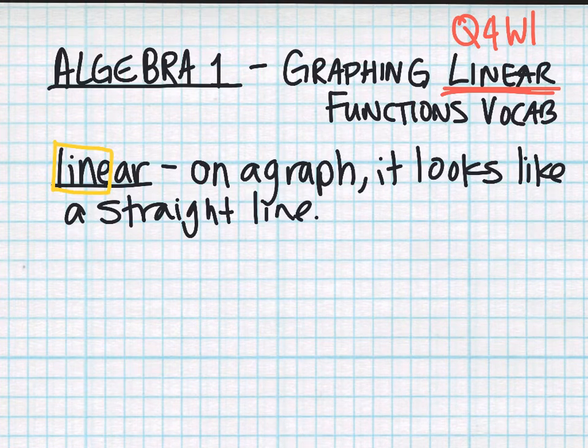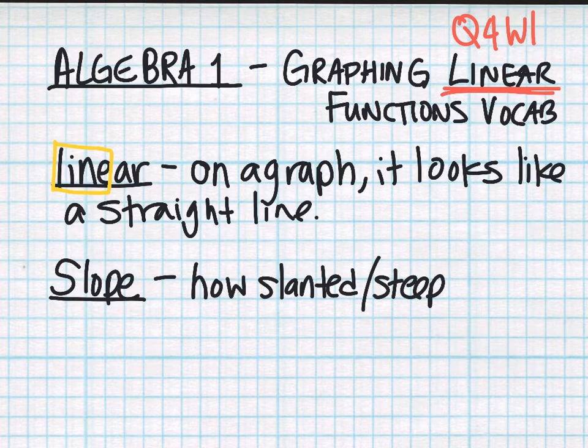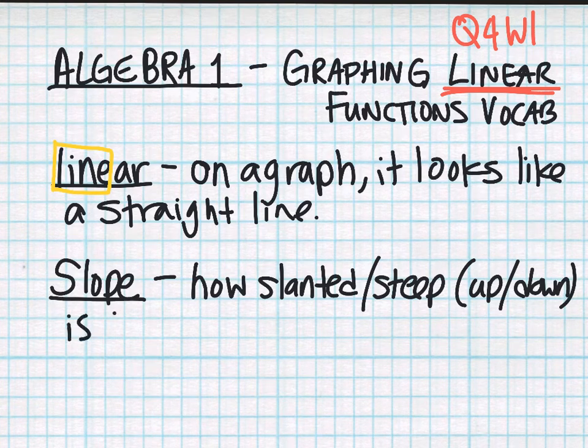Another important thing that we want to remember about linear functions: all linear functions have what we call slope. So what is slope? We have a lot of ways of describing slope. Slope is basically how slanted or steep, up or down, is the line.